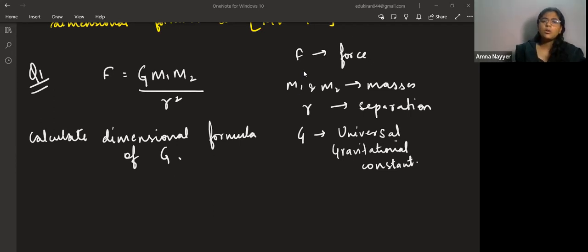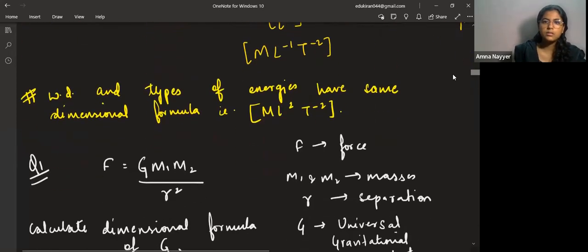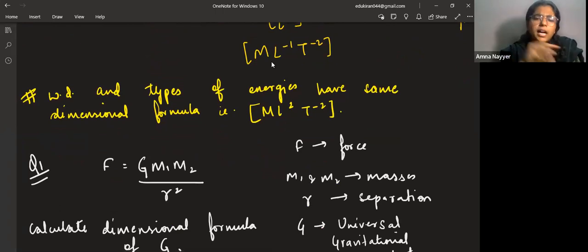Ma'am, in the above phrase it is written work done and different types of energies, potential and kinetic energy, right? Yes. All types of energies. See, in your system you do not have just kinetic energy and potential energy. There are lots of energies present.